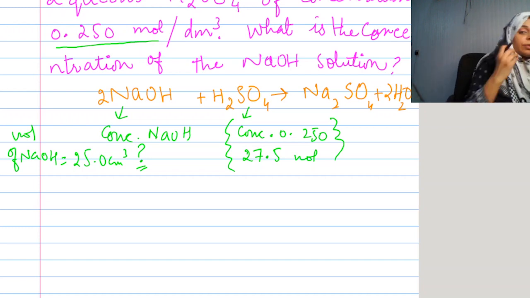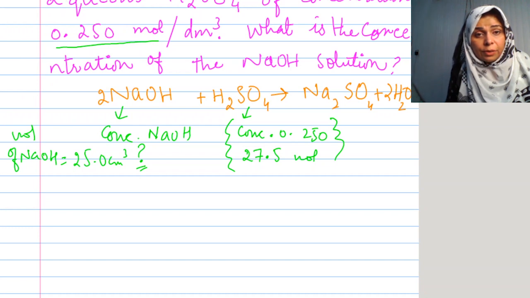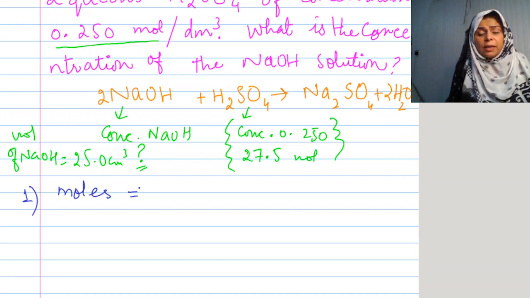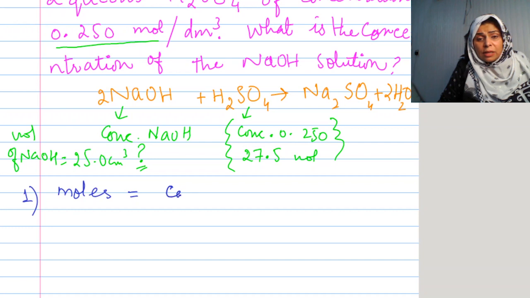Now next, what we have, let me change the color. Okay, first of all we have to calculate the moles. Don't forget, only 3 steps are involved like previously. Moles is concentration times volume.